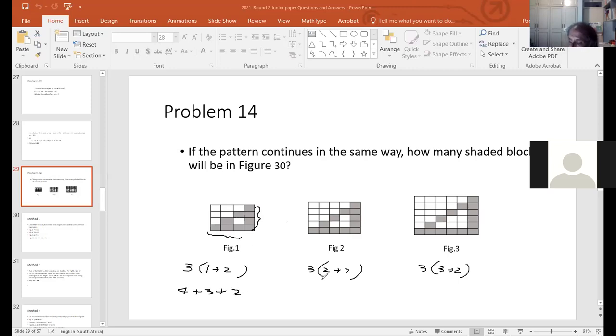I got 4 plus 3 plus 2. Here I got 5 plus 4 plus 3. Here I got 6 plus 5 plus 4. See? Now these are sums of 3 consecutive numbers. So it's just 3 times the middle one, right?